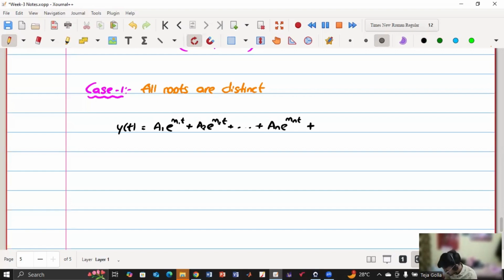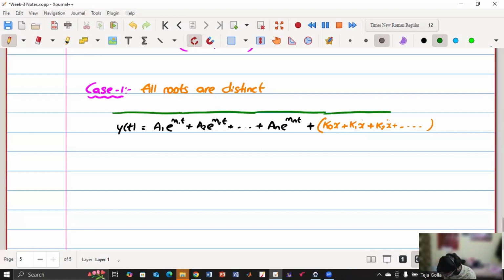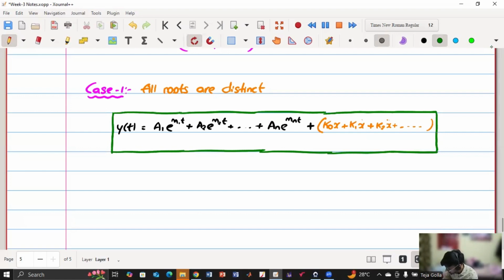Now the forced response remains the same: k naught x plus k1 x dash plus k2 x double dash, and so on. This is our natural response. This is the forced response.